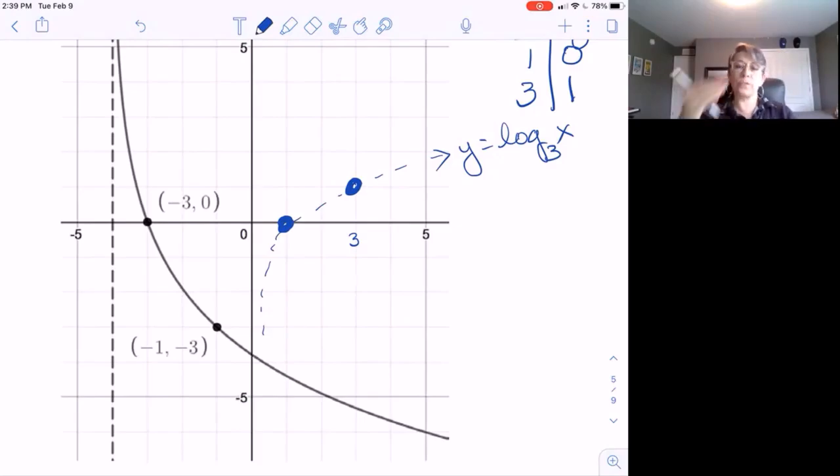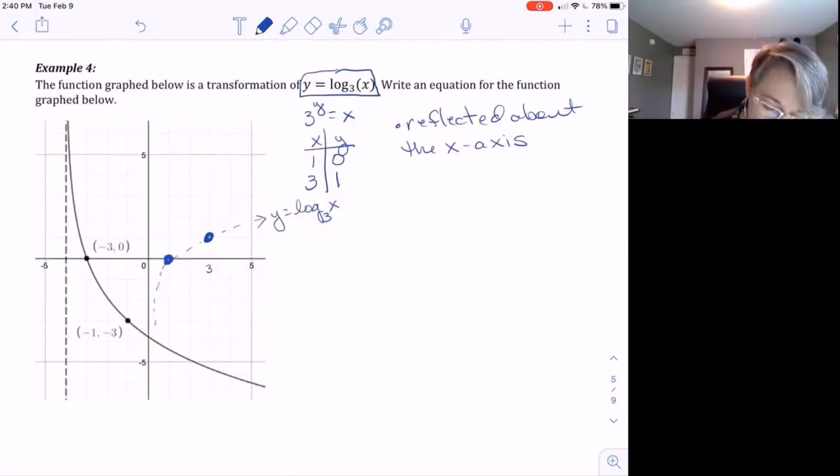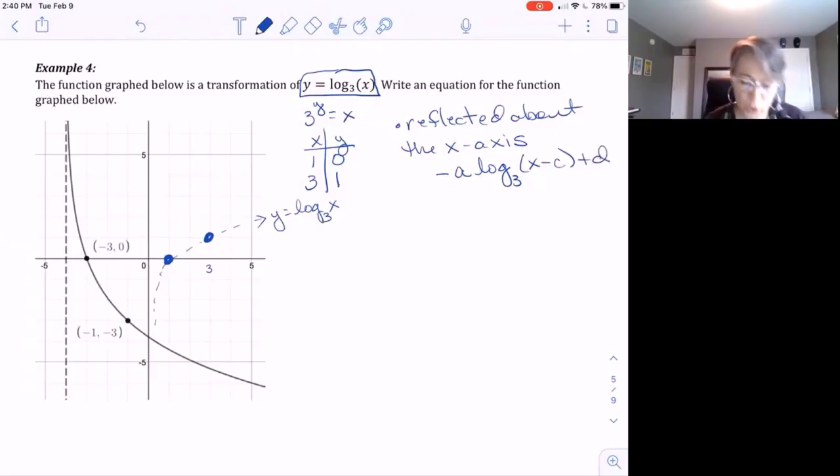Okay, so we want to flip it over the x-axis. So that is reflected about the x-axis, which means we would be multiplying by some negative factor of a times log base 3 of x minus, I guess it was c, plus d. So all we know now is the negative a part.